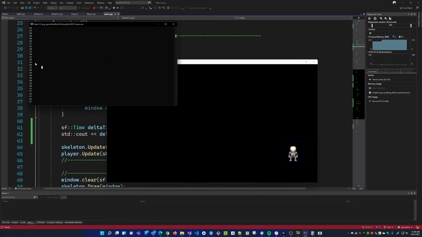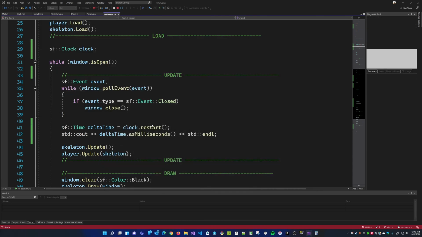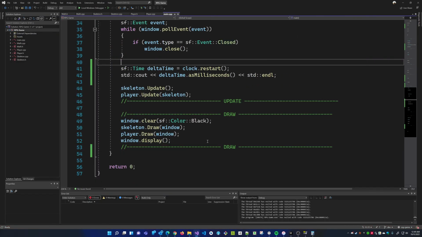If I pause this, you can see I'm getting around that number: 15, 18, 15, 18, 16, 15, 18, 15, right? And so on and so forth. So I know that I'm calculating this correctly.